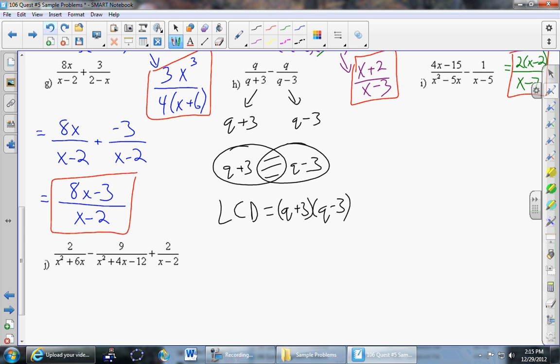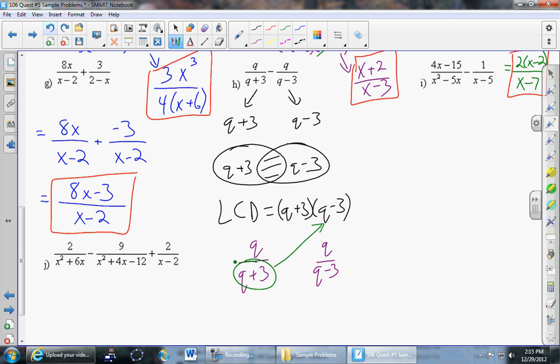And the next thing that we did was copy the original fractions. So I'm going to copy my two fractions, q over q plus 3, and then q over q minus 3. And then the idea was to multiply by the right thing to turn each denominator into the LCD. So what's missing in this first denominator here, q plus 3?